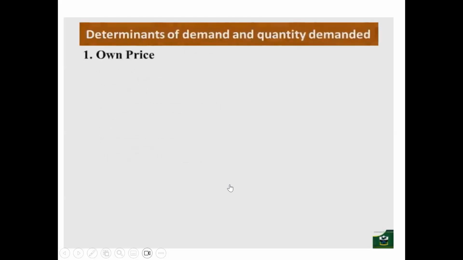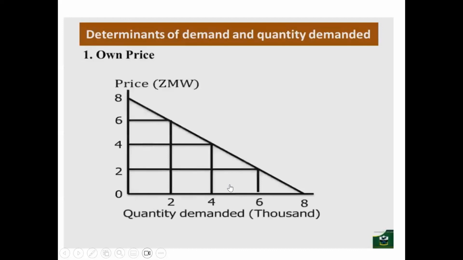Now, the own price of a commodity affects the quantity demanded, because when drawing the demand curve, we hold other factors constant. Then the change in own price will only affect the quantity demanded of it and not the entire demand for a consumer.